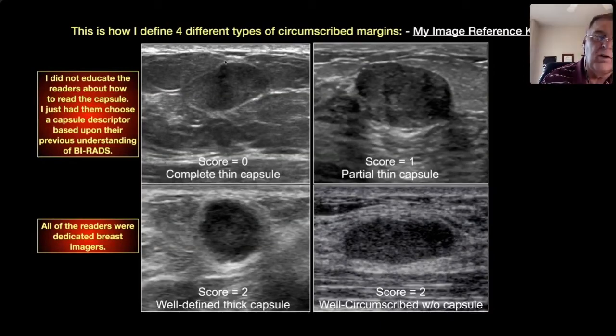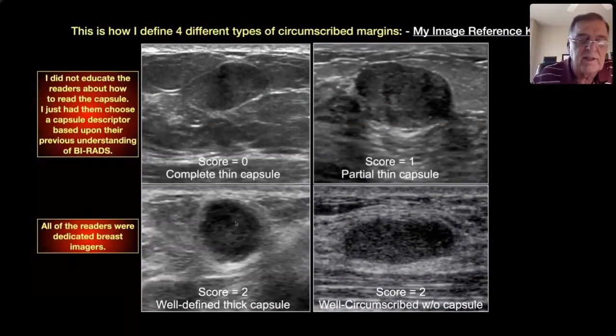A score of 0, I see a thin hyperechoic capsule on the front and on the back, but also on both sides. So that's a score of 0. I have a complete thin capsule all the way around. A score of 1 is I see a beautiful capsule in front, I see a beautiful capsule on back, but I can't really identify it on the sides of the lesion.